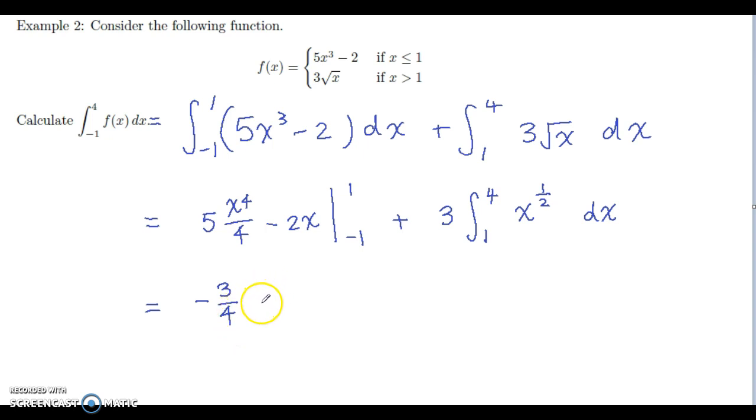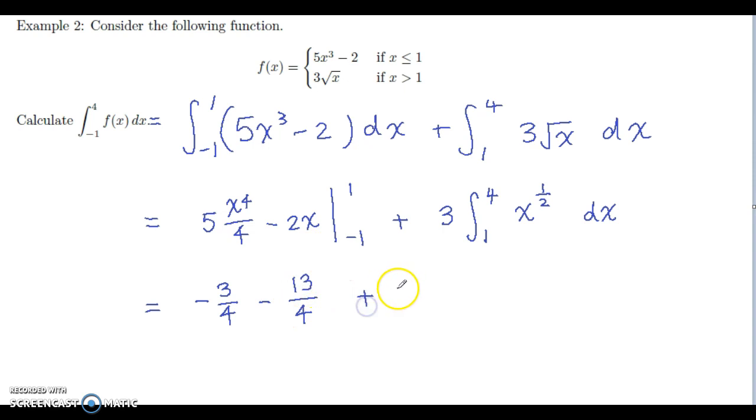Then you have to subtract when you plug in -1. So when you plug in -1 it's 5 over 4 plus 2. So what is 5 over 4 plus 2? It's 13 over 4. So that's the first part.